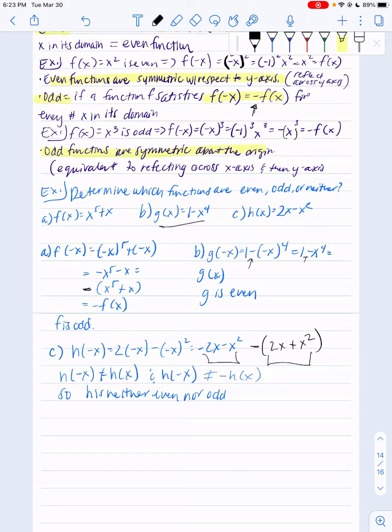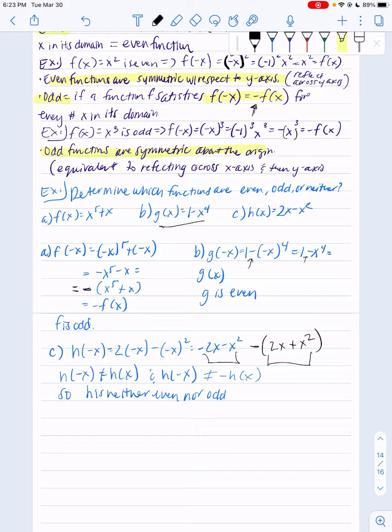So I have negative x to the 5th plus negative x. I get negative x to the 5th minus x, which I could go ahead and factor out a negative. So I get negative x to the 5th plus x, which is negative f of x. So f is odd.